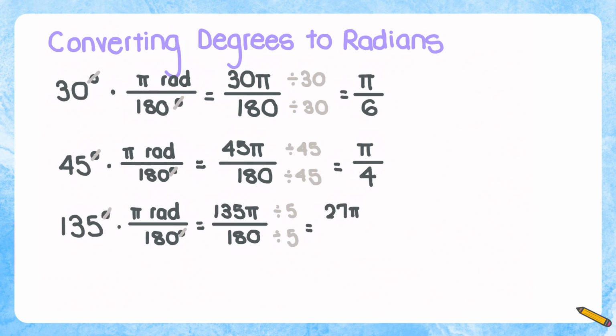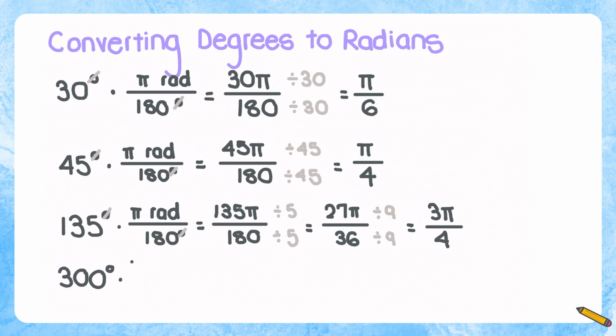And this simplifies to 27 pi over 180 divided by 5, which would be 36. I can further simplify this by dividing both numerator and denominator by 9. And this simplifies to 3 pi over 4. So even if you don't know the greatest common factor, you can always break it down step by step. 135 degrees converts to 3 pi over 4 radians.